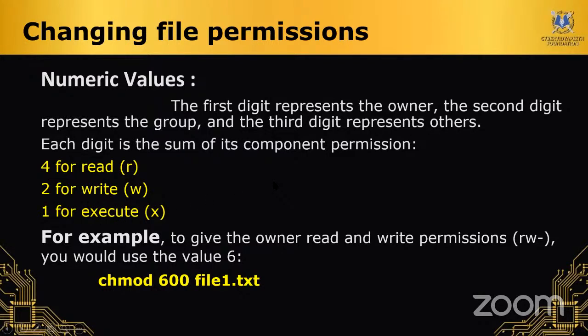So let's suppose we want to give read and write permission to the owner. We will simply type chmod, 4 plus 2 is equal to 6, and if we don't want to give any permissions to group and others, then we will type 0 and 0.